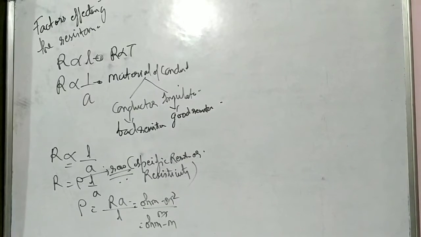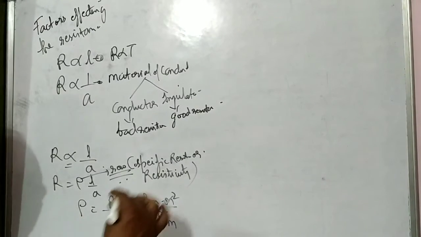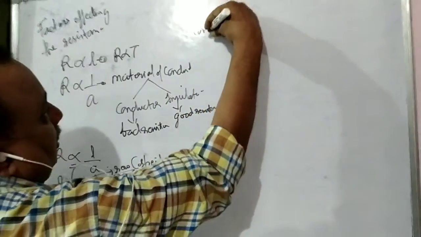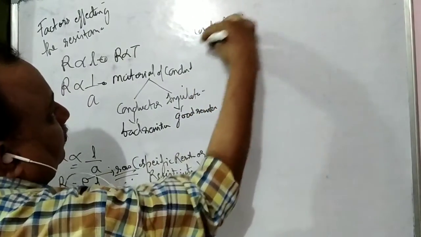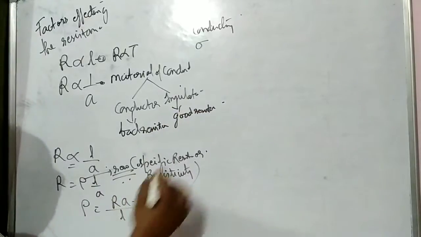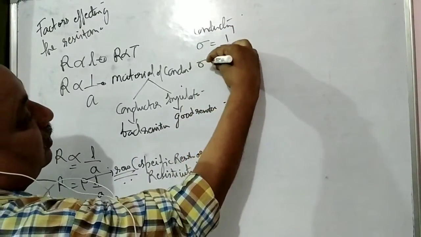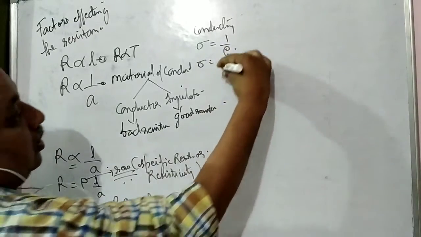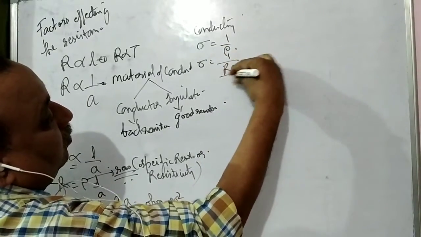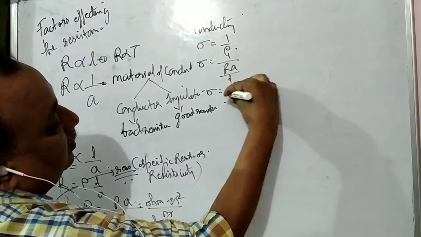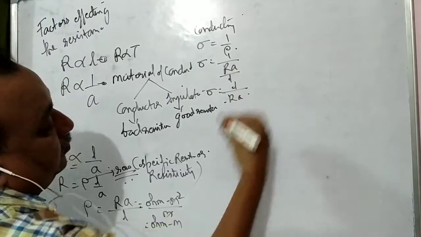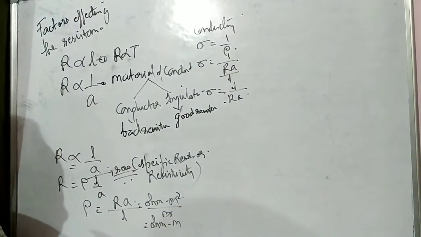Is this clear? Next, the reciprocal of resistivity is conductivity. It is denoted by the symbol sigma. It is equal to 1 upon rho. Sigma is equal to 1 upon RA upon L, so sigma becomes L upon RA.